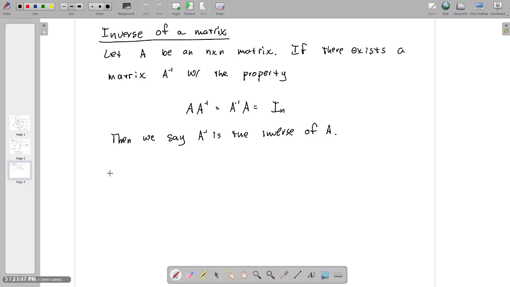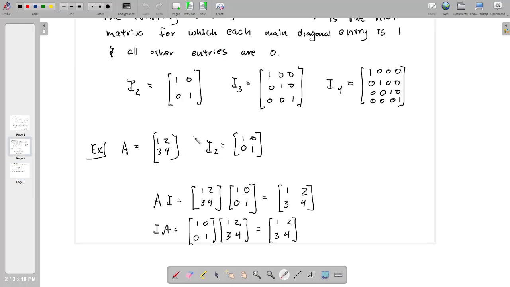The second thing I'm actually going to write out because it's important. Note, only square matrices have an inverse. A is an n by n matrix. So right there, we immediately say that A has to be an n by n matrix. I is going to be the result of the product of A and A inverse.